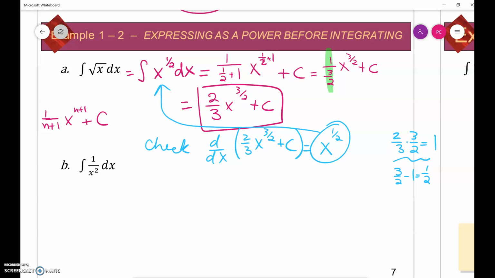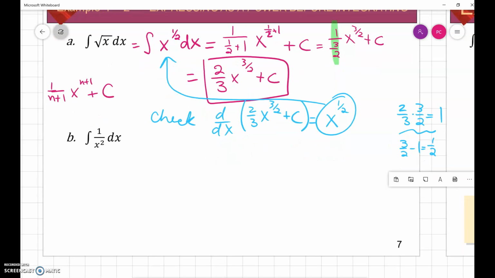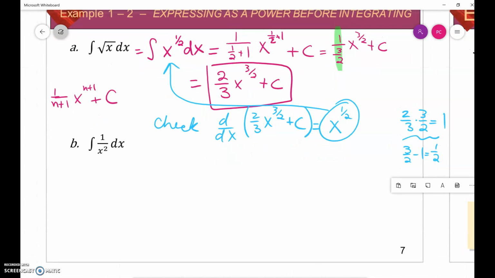All right, the step that we want to do on the next one, I have the integral of 1 over x squared dx. So what we do here is I'm going to move the denominator up, giving me the integral of x to the -2 dx. And then we're going to follow the exact same rules.